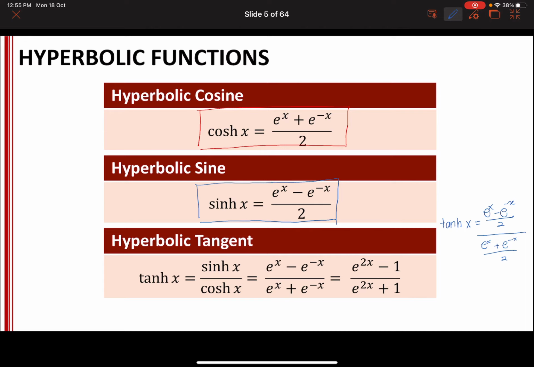So we will get e^x minus e^(-x) over e^x plus e^(-x). And we can also simplify it to be e^(2x) minus 1 over e^(2x) plus 1.